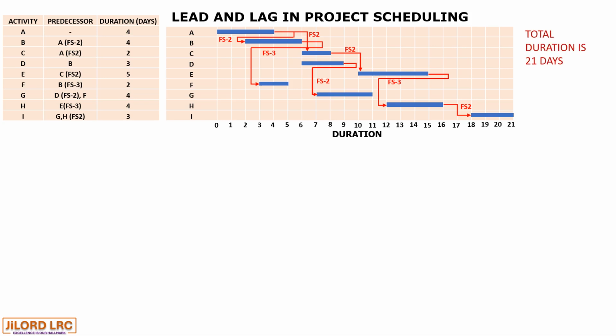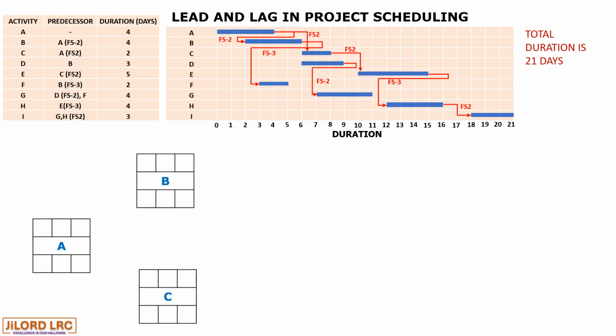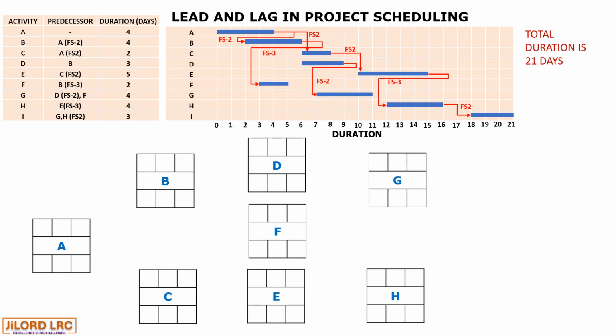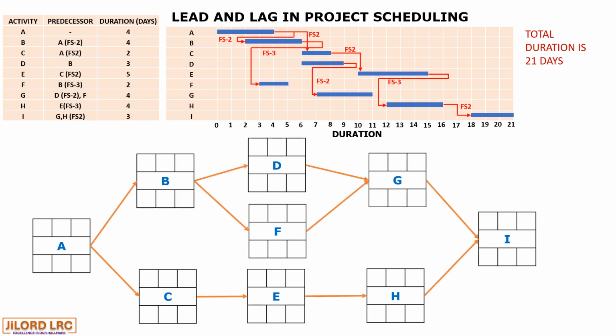Let us try and present this in a precedence diagram. So with our precedence notations, we have activity A, B, C, D, E, F, G, H, and I. And we have the linkages indicated with the finish to start, lead, and lags also indicated between the activities. Let's have the durations all entered.